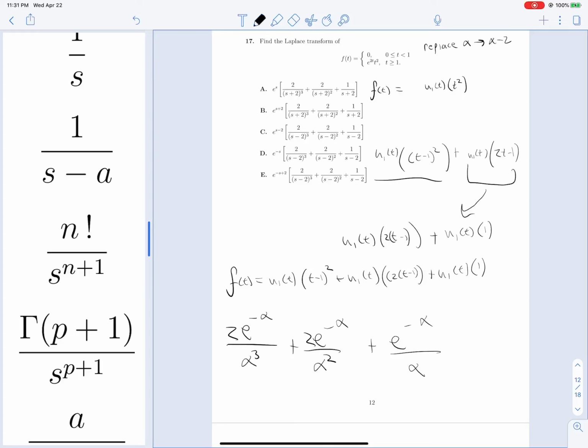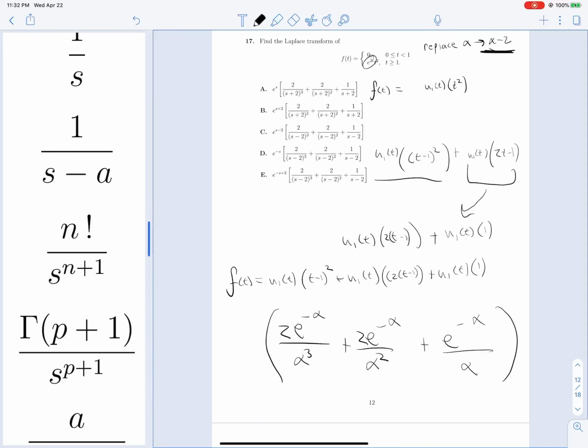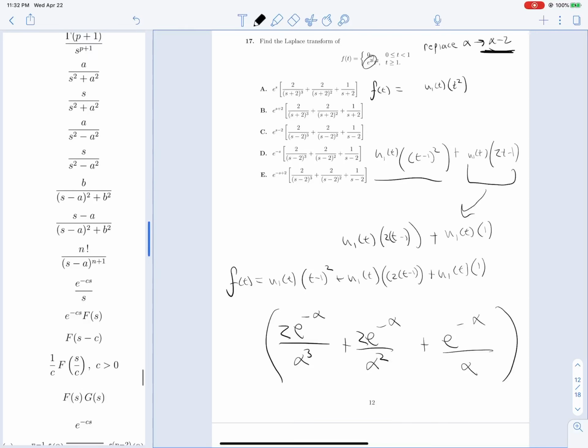But look at our rule up here. Because we're multiplying everything by e to the 2t, we have to replace all of our alphas with alpha minus 2's. So all of these alphas are getting replaced with alpha minus 2's, and that should be it.